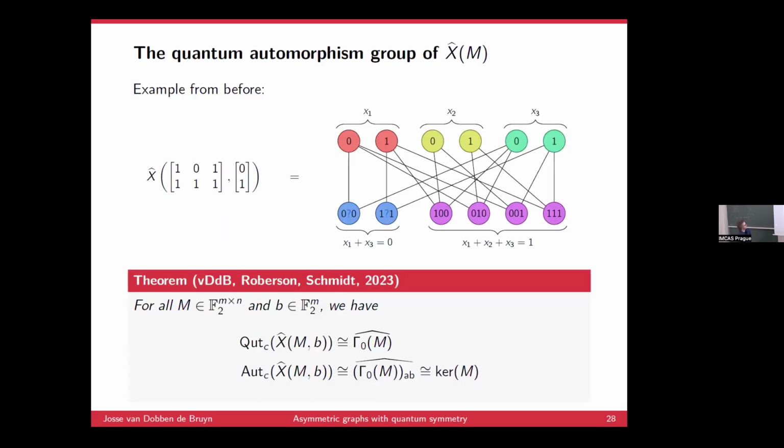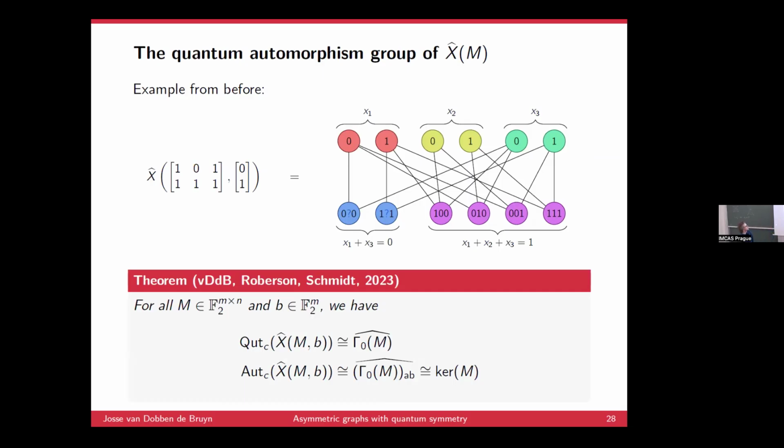Now the idea is that the quantum automorphism group of this particular graph is going to be isomorphic to the quantum group dual of the solution group of the linear system. And the classical automorphism group is going to be the abelianization of the solution group, which is isomorphic to the kernel of the matrix.